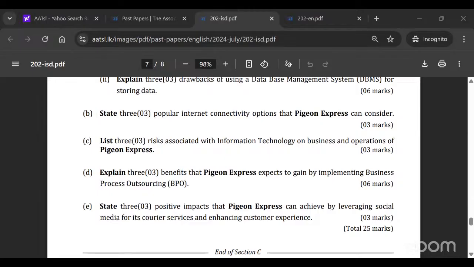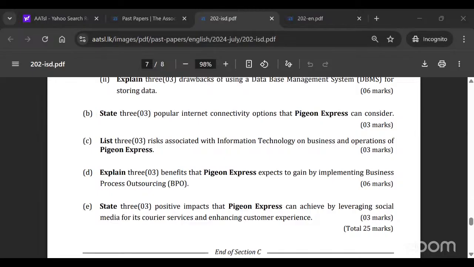And improved efficiency. Outsourcing allows Pigeon Express to focus on its core competencies while leaving operational tasks like vehicle management to specialized providers who can optimize and streamline these processes. And scalability and flexibility.